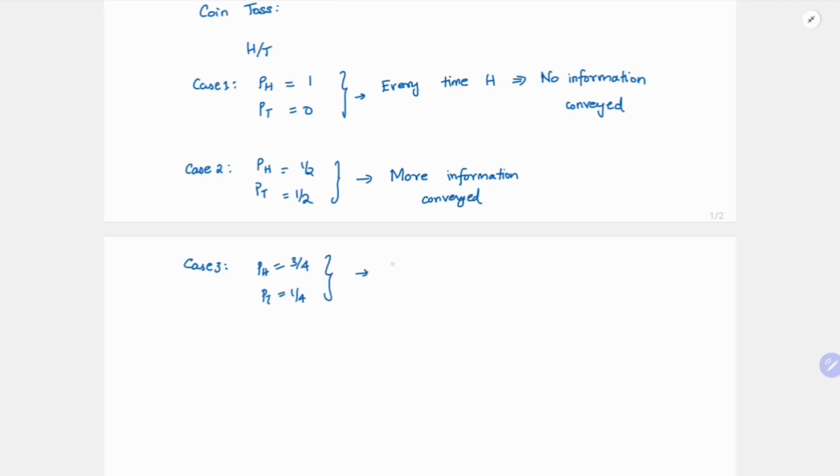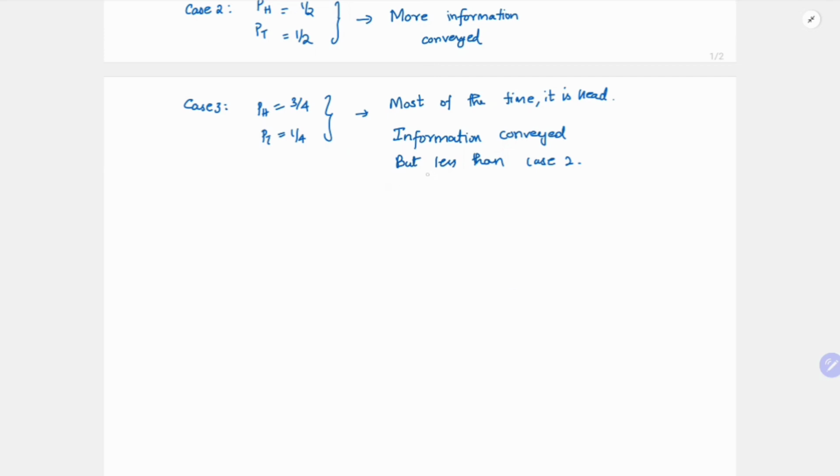Here also you can guess that most of the time it is going to be head, but there is still some probability of it being tail. So there is still information conveyed, but it is less than case 2.